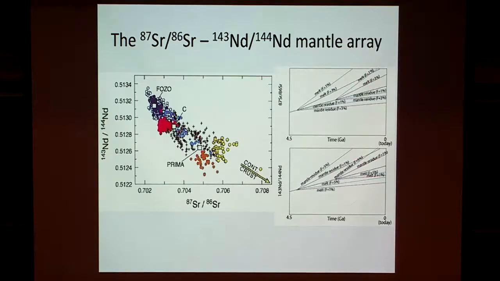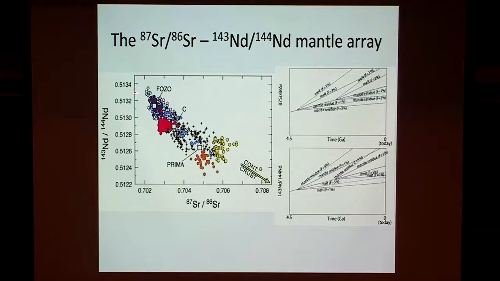Okay, so this field is defined by isotopic measurements made on morbs, where morbs are thought to sample a depleted mantle reservoir. So morbs, which have high 143/144 and low 87/86 strontium, should reflect the isotopic evolution of a depleted reservoir, a residue that once had melt extracted from it.